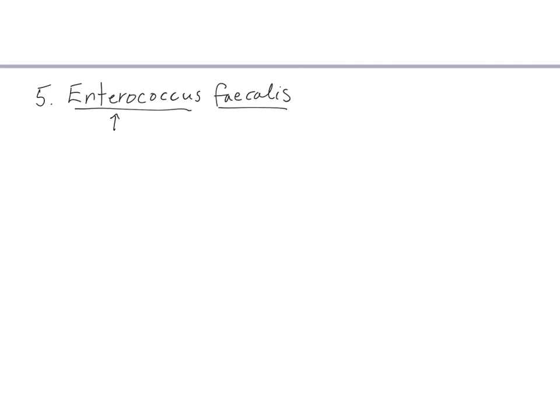So Enterococcus is part of your normal microbiota in the GI tract, so mostly your large intestine. And that's unusual really for a gram-positive organism to be there. Most of the time gram-positives don't survive passing through the stomach, but this one does.